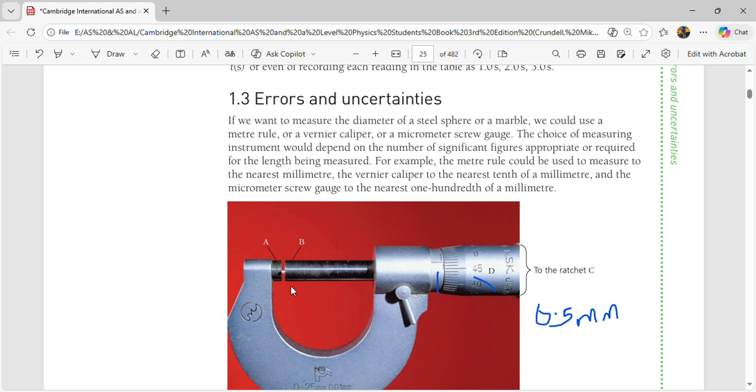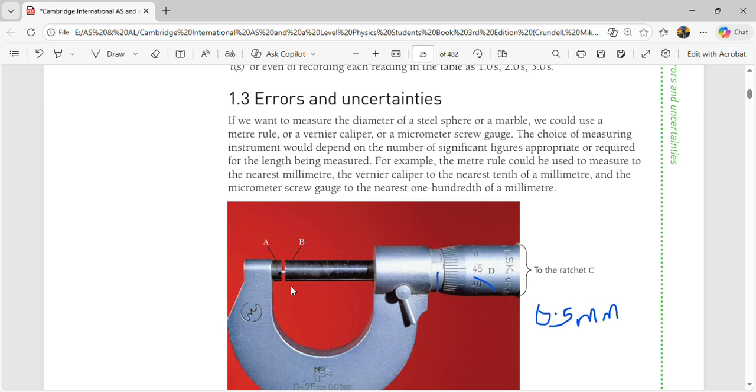So which means the right instrument is our micrometer screw gauge, just like that. Why? Because it can read it to the nearest 1/100th of a millimeter, or obviously 2 dps, like that.